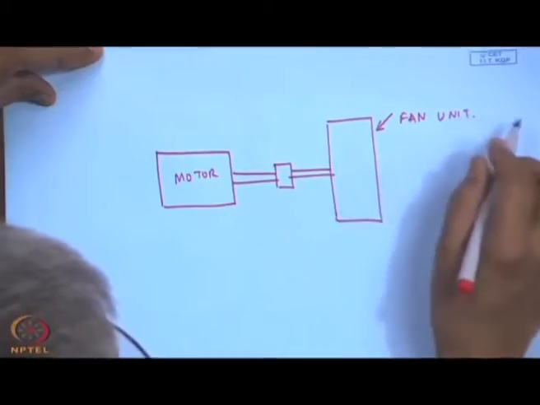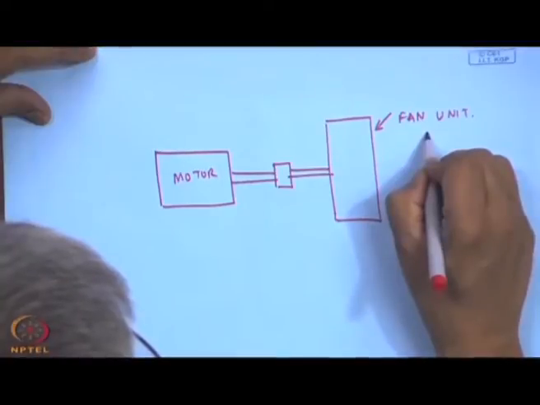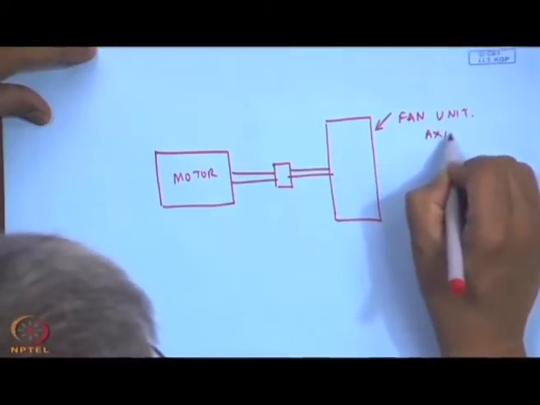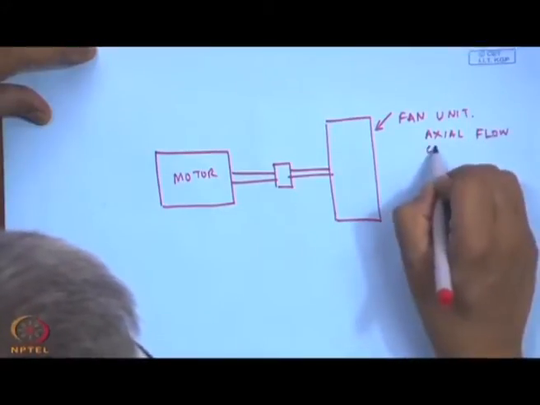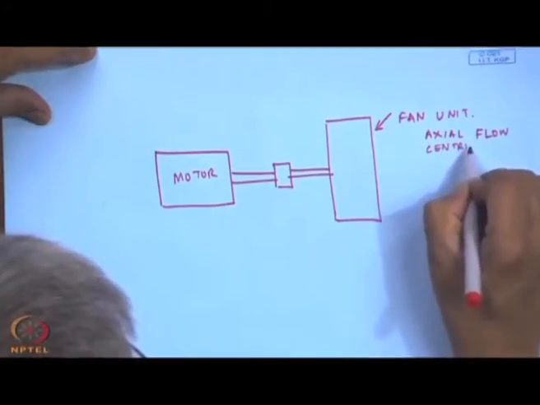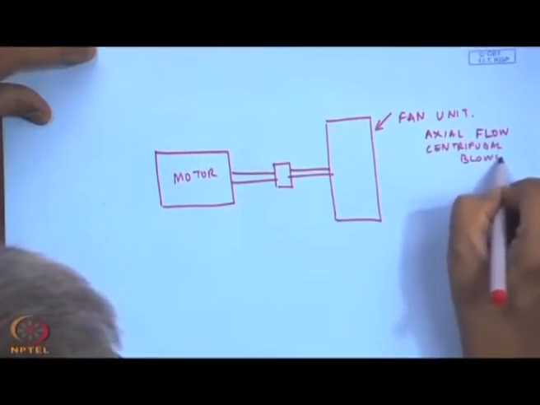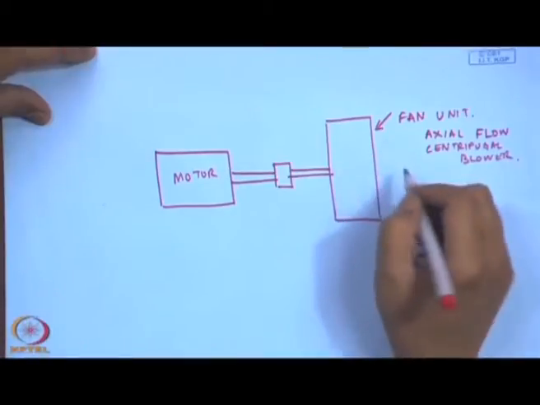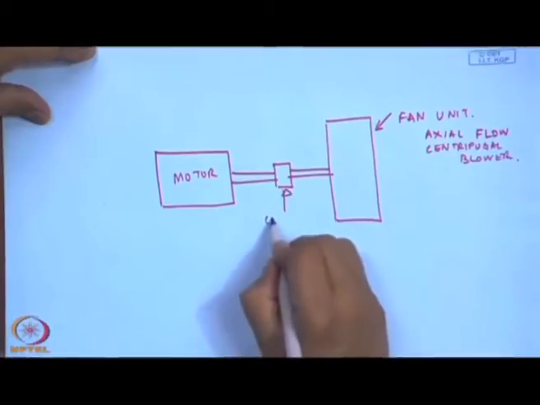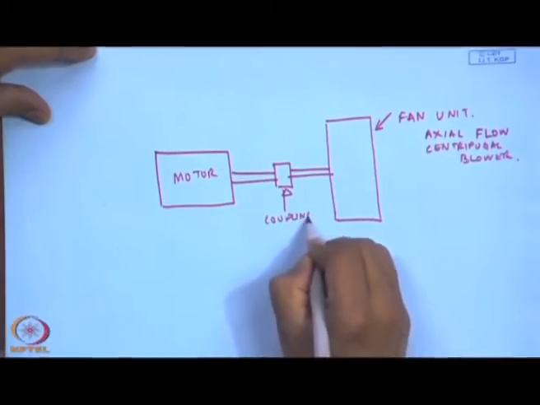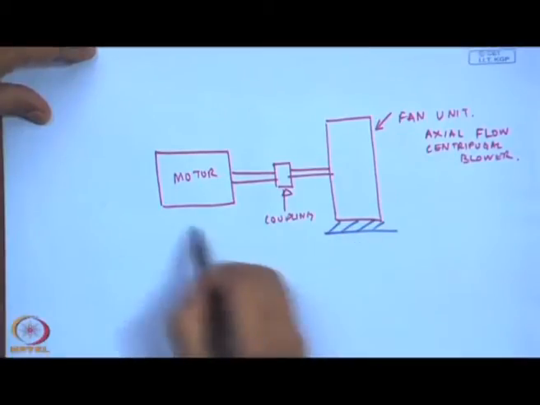which could be an axial flow fan, could be a centrifugal blower, or so on. Now, usually there is no gearbox and this is actually a coupling, and they are put on their respective foundations.